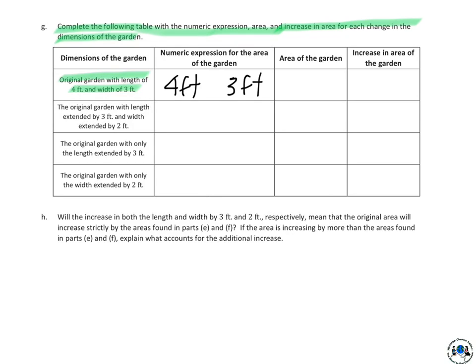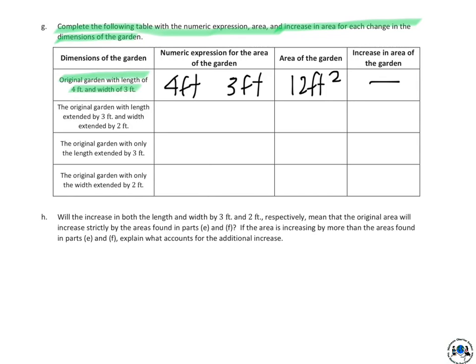And then the area, 12 square feet. Then the increase in the area of the garden, well, that doesn't apply right there. So just in that fashion, go ahead and complete the rest of that table, and come on back.